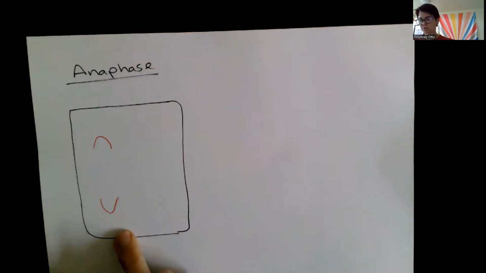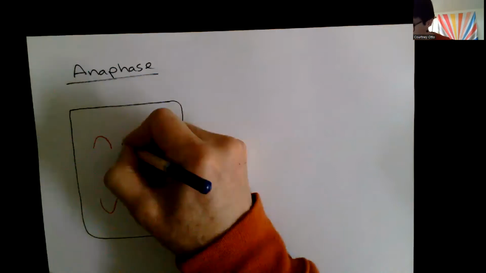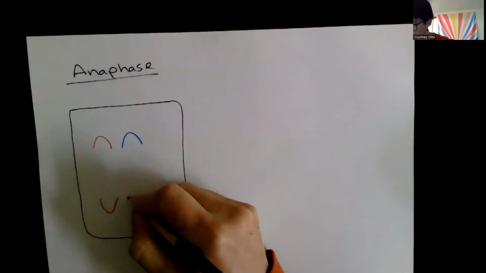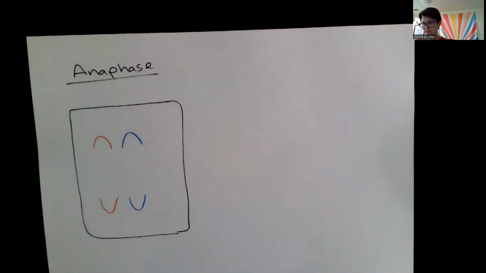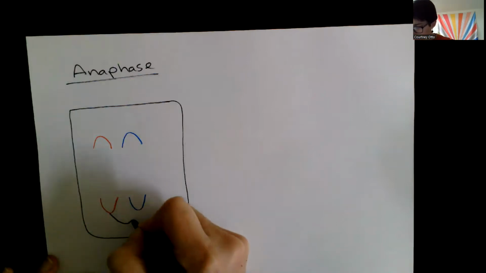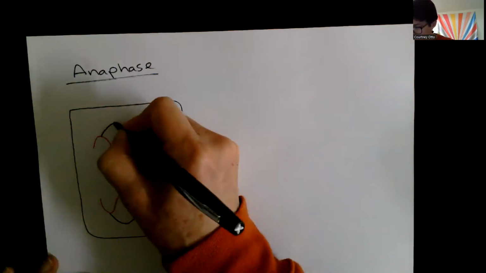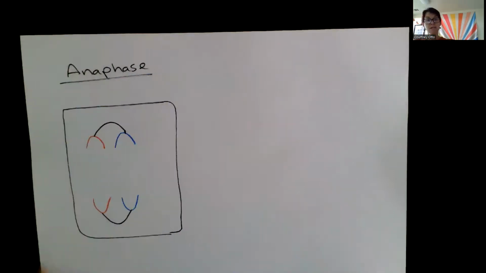The other half is moving the other direction. One half of my blue is going to move toward one pole. One half is going to move toward the other. And the reason they're moving is they're still attached to that spindle. That spindle has literally pulled them apart at that centromere and is literally pulling them to opposite ends of the cell.